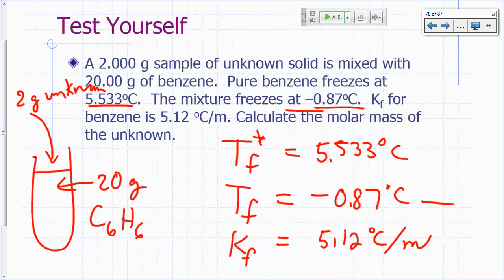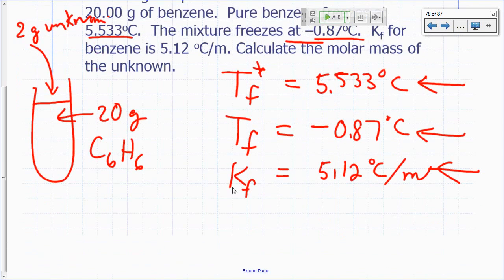And you found that to be negative 0.87 degrees Celsius. And you measure the freezing point of pure benzene, you find that to be 5.533 degrees Celsius. You look up the KF for benzene, go look it up from a handbook. It's 5.12 degrees per molal. So what would be your molar mass for the unknown? How would we solve for this?